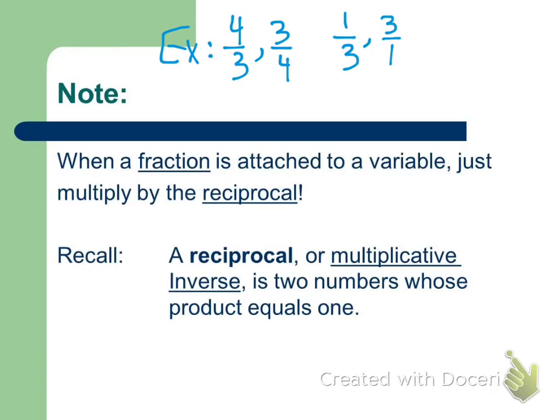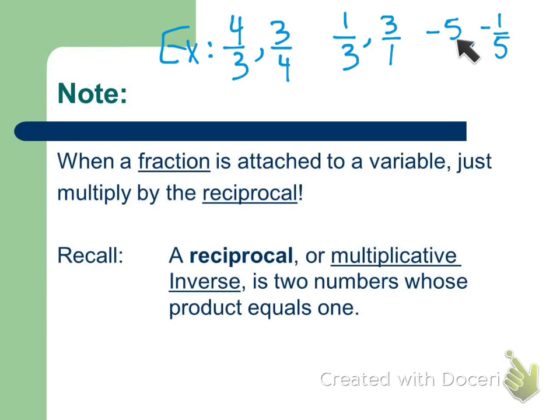What about the reciprocal of -5? Negative 1/5. So it does not change whether it's positive or negative. If it started positive, it stays positive. If it started negative, it stays negative.